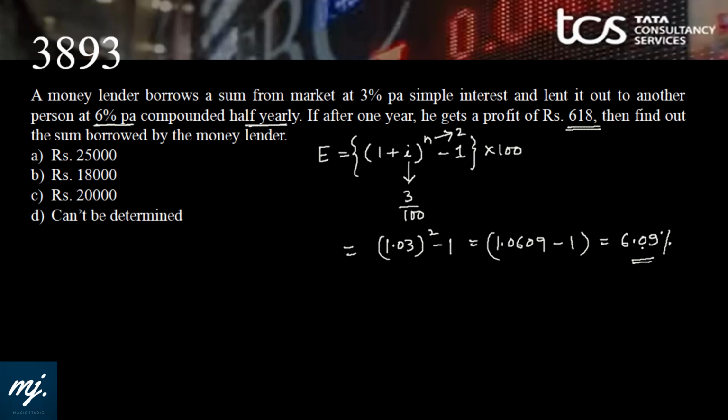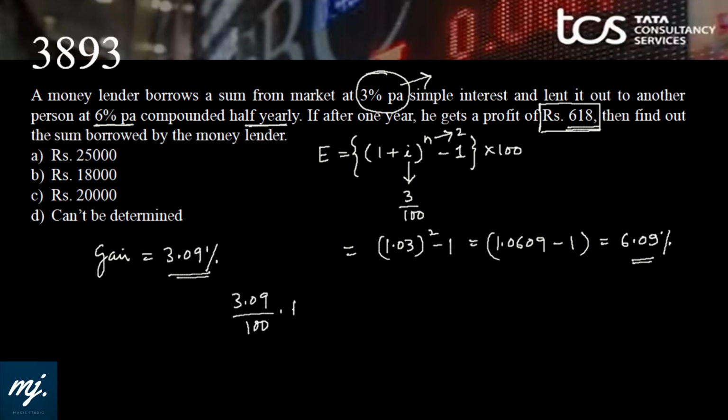Now this is the rate of interest he is getting, and 3% per annum simple interest is his payout. That means his gain is 6.09 minus 3, 3.09%. Now in numbers also it is given that his profit is 618. That means 3.09 by 100 of principal amount, or the amount which is being borrowed, is equal to 618.